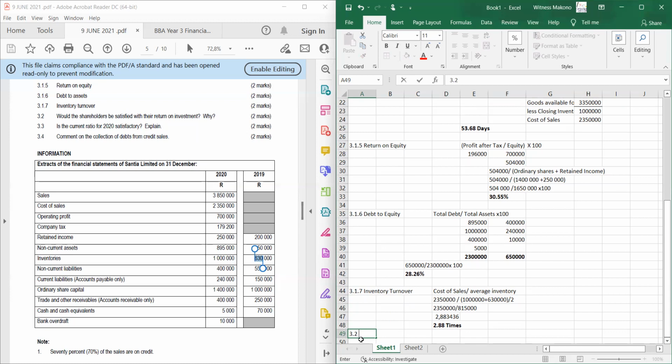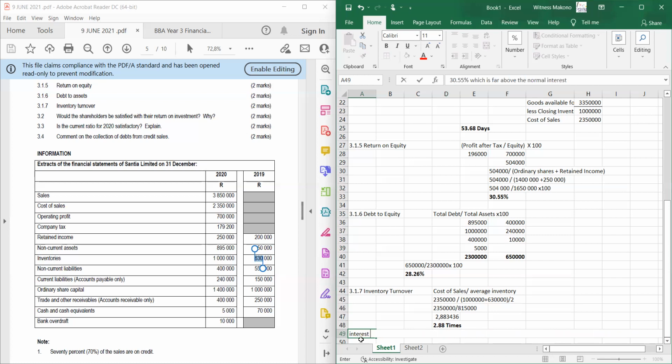Our return on equity is 30.55%, which is far above the normal interest rate.